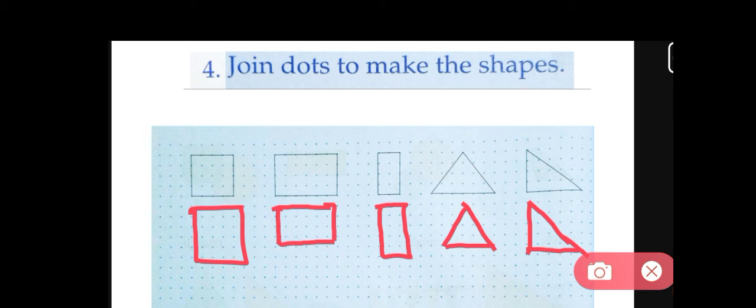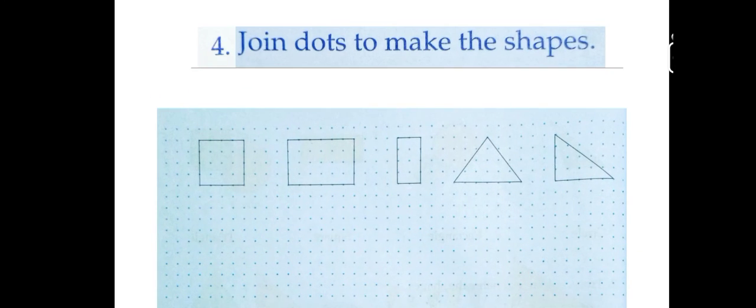Now our next exercise, name the shapes. Here we have different kinds of shapes. We will write their names. Number A is coin, and the shape of coin is circle. CIRCLE.